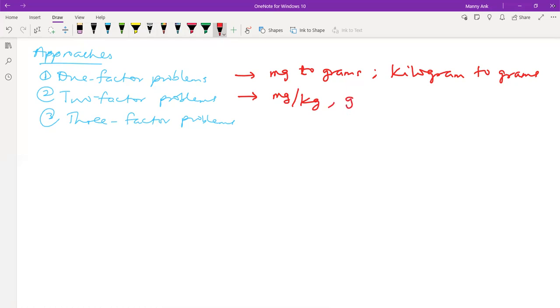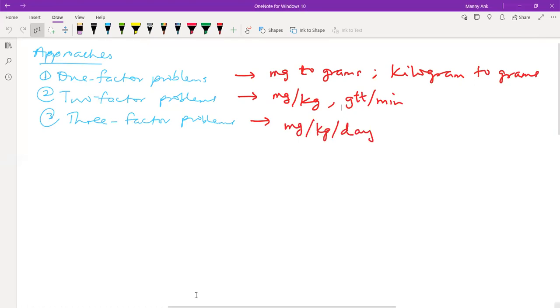Okay, that's GTT, that represents drops per minute. These are like two-factor type of problems. So anytime you see something, one unit per another unit, it's a two-factor type of problem. Now, three-factor problems will involve units like milligrams per kilogram per day.